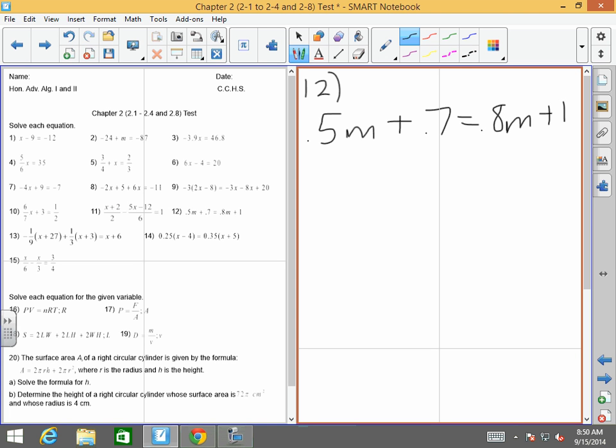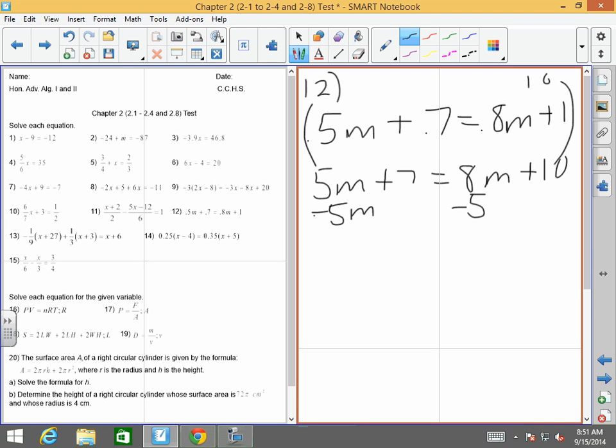So I want to get rid of the decimal. I'm going to multiply everything by 10. That gives me 5m plus 7 equals 8m plus 10. I'm going to subtract 5m from both sides, and then I've got 7 equals 3m plus 10.